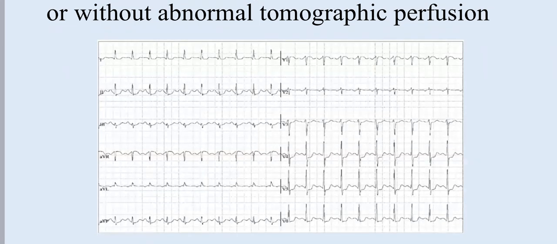Actually, we're using persantine more than adenosine now. But anyway, it's the same thing, the same effect. Usually patients who develop these types of changes during the persantine, it's during the persantine IV push, which is given IV over 4 minutes.